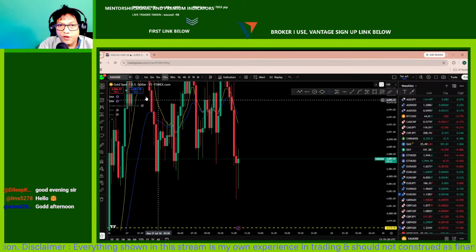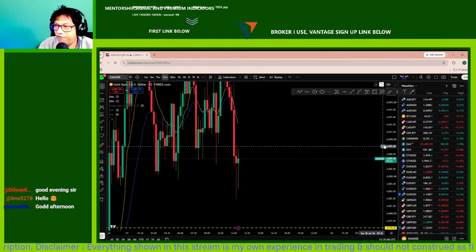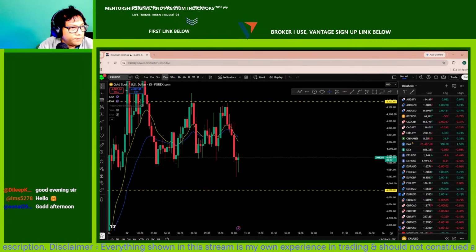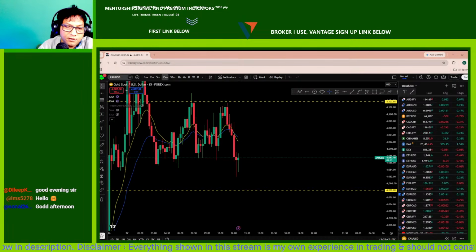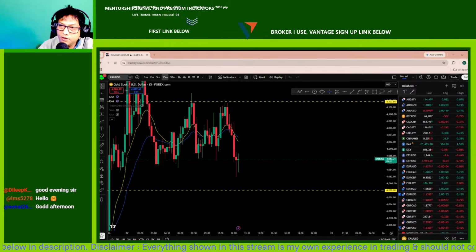If you look at that, quite a few narrow doji are being formed along this area, and I'm looking at some entry opportunity once we see the price action hit that.